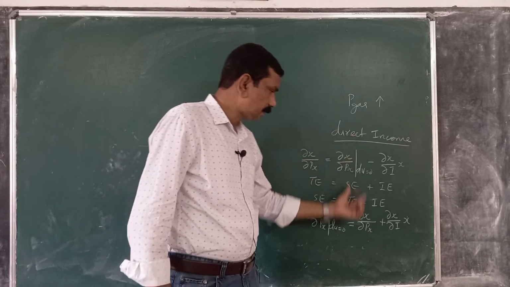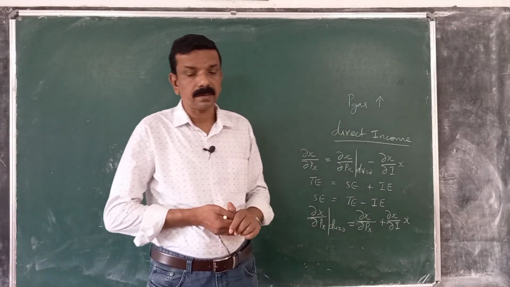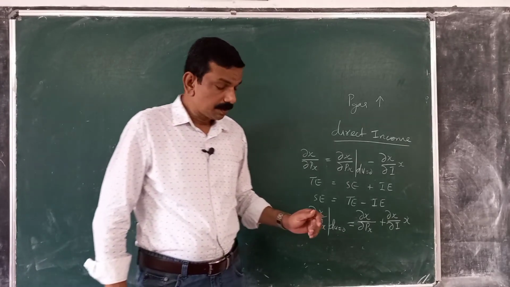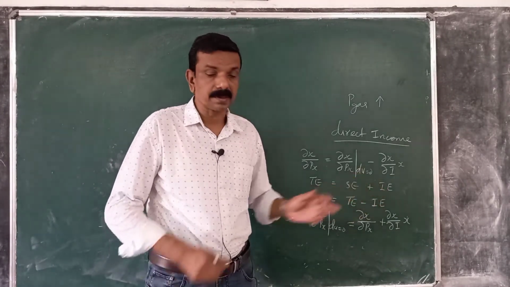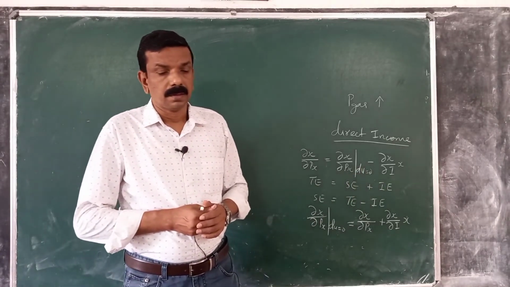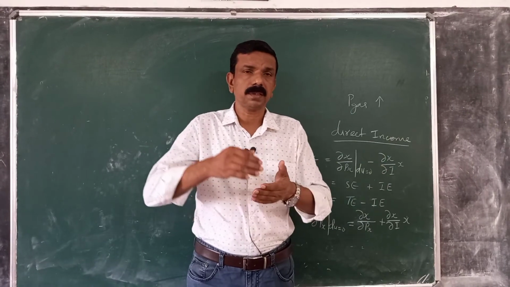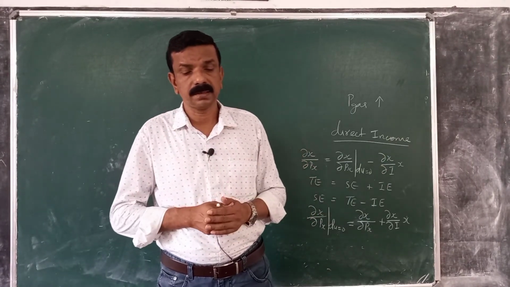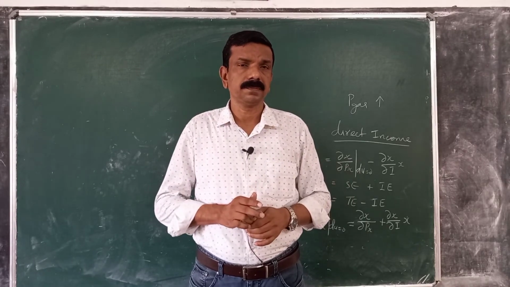So we rewrite the Slutsky equation like this, where the substitution effect is total effect minus income effect, and the diminishing marginal rate of substitution axiom ensures that the substitution effect is always negative.